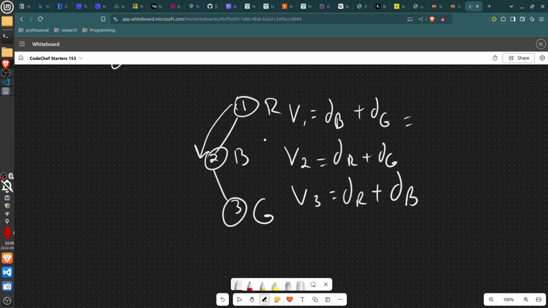And as you can see, the distance to blue is 1 here, and the distance to green is 2, so that's 3. Here, the distance to red and distance to green are both 1, so that's 2. And here, the distance to red is 2, and the distance to blue is 1. So that's 3.